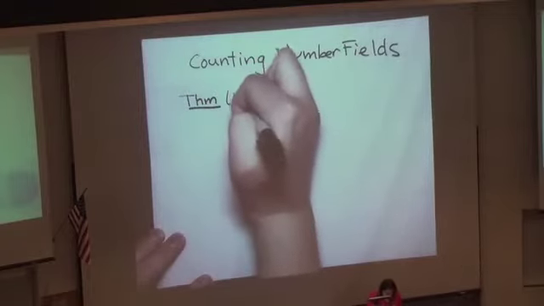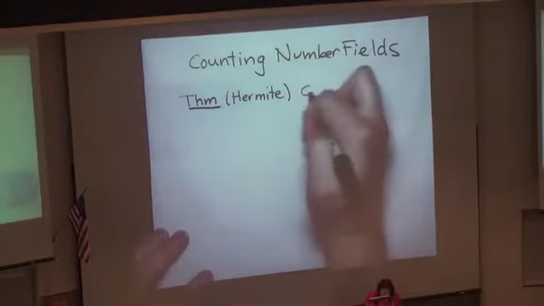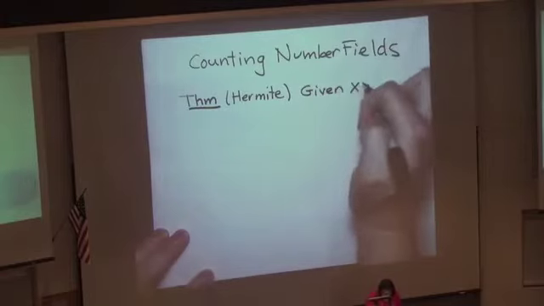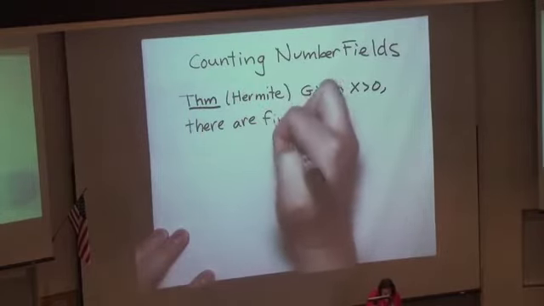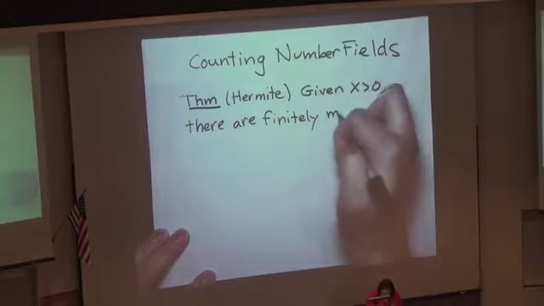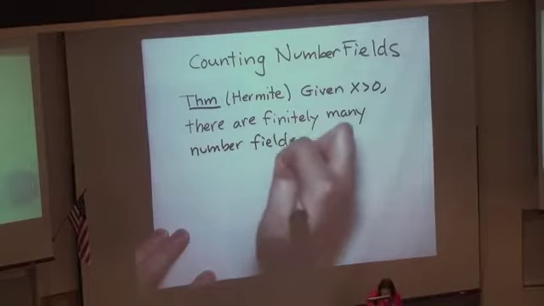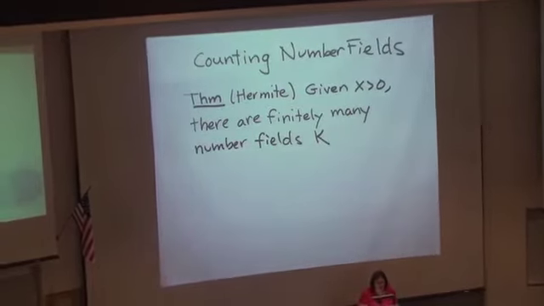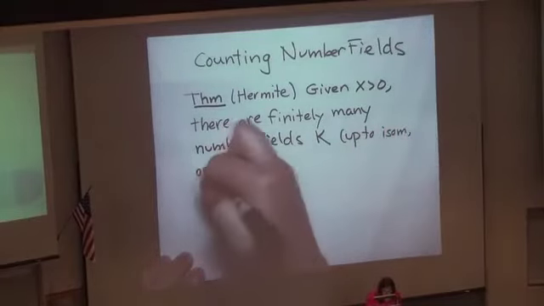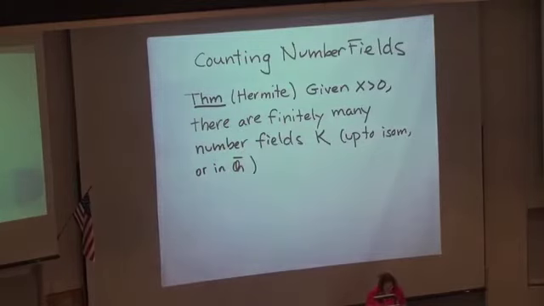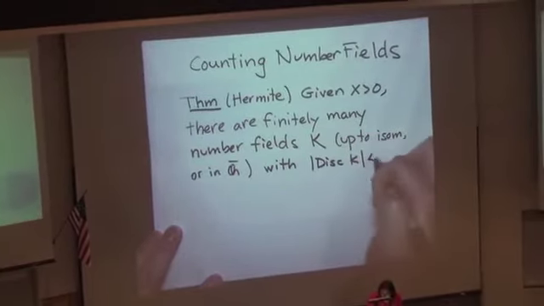First of all, I'll just mention that we know classically, given x greater than 0, there are finitely many number fields, either up to isomorphism or in Q bar, with discriminant at most x in absolute value.